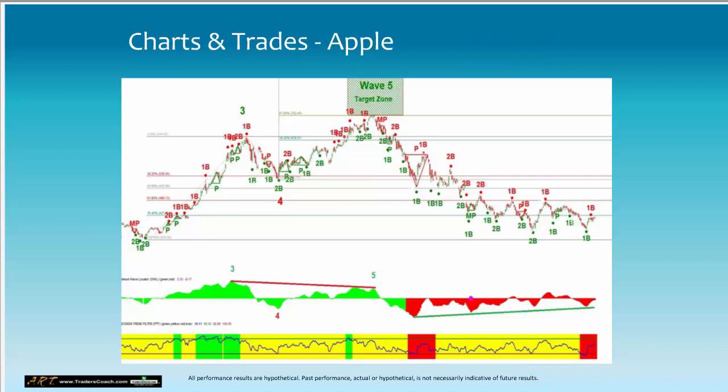Now, this is a chart of Apple a while back, and some key things I want to point out here. Notice, let me get my pointer again up here. Notice that in this, we have some indicators at the bottom now on the chart. So now we're not looking at just price, but we're also using the computer to help us.